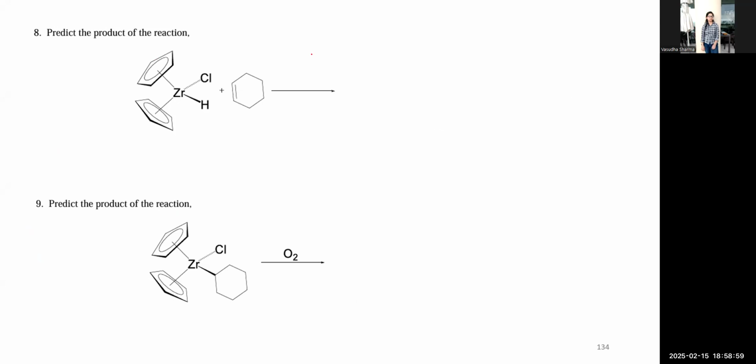Now we have the reactivity of this Schwartz complex with cyclohexene. As I already mentioned, it would undergo hydrozirconation, where one side of the alkene would attack onto your zirconium and the hydride would attack onto the other side of the alkene, making a bond like this.